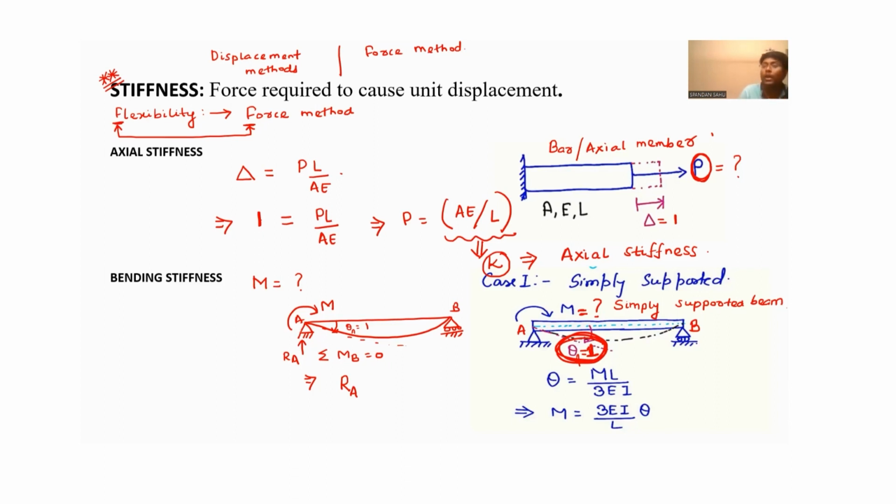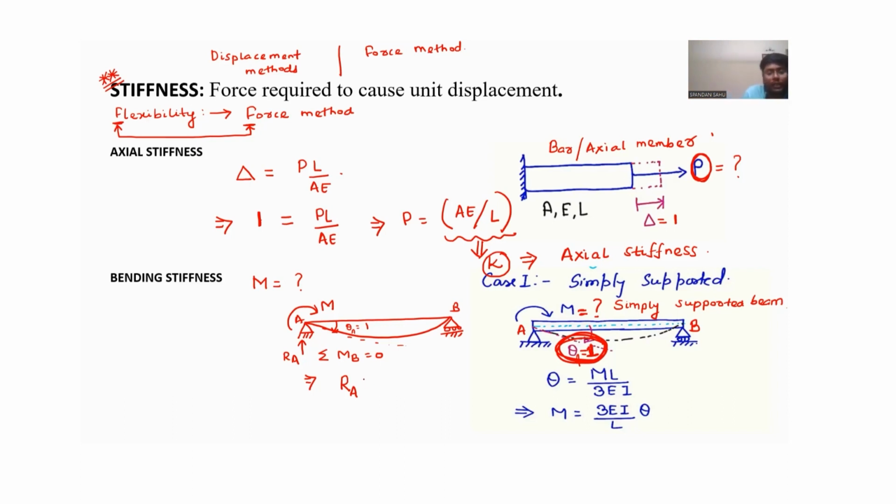You have to draw twice, but I am not drawing it because it is well known to you, because the support is the only medium from where the reaction will come due to external loads.